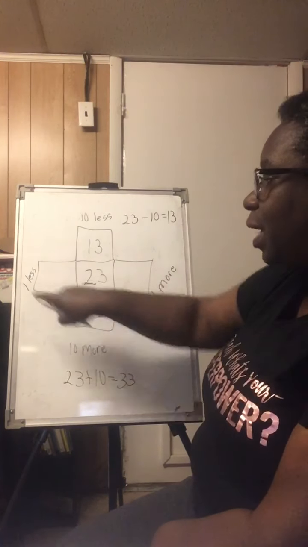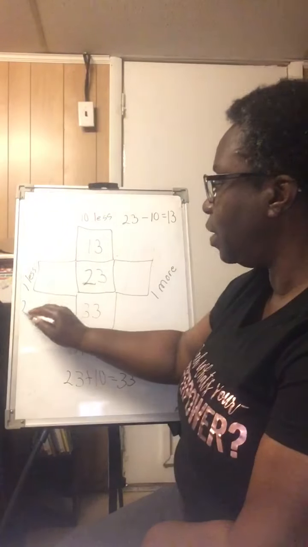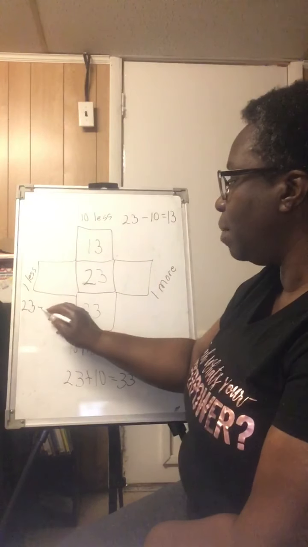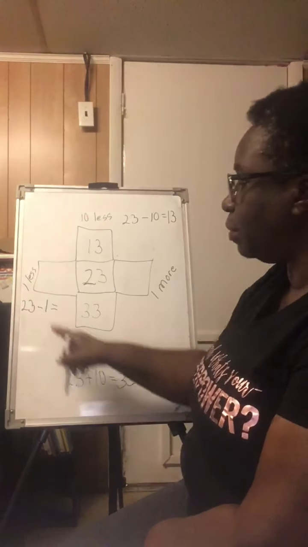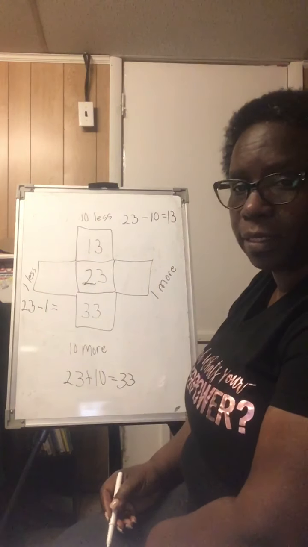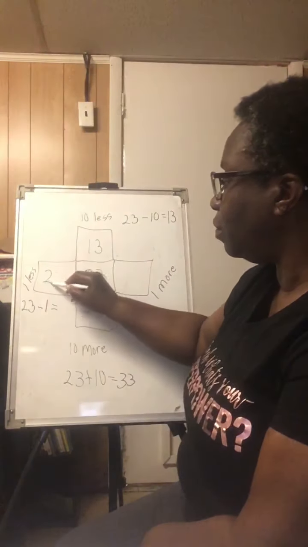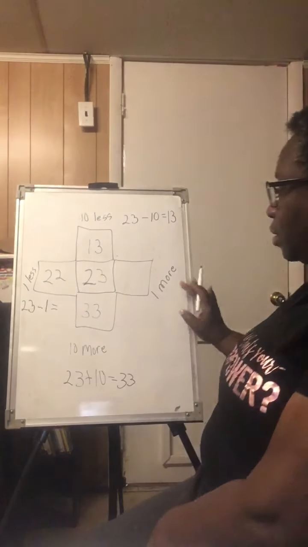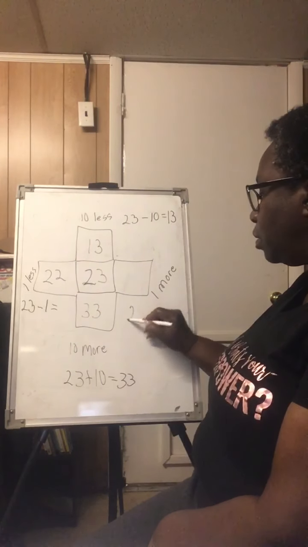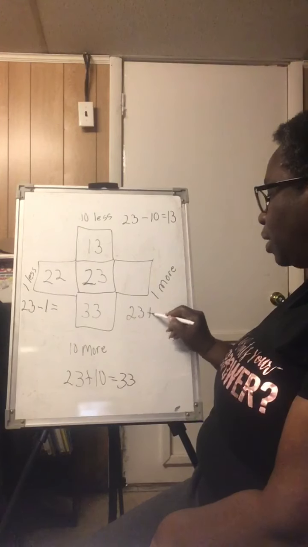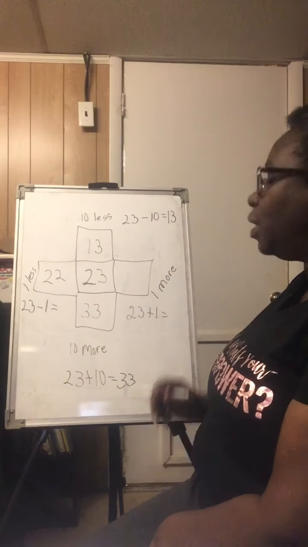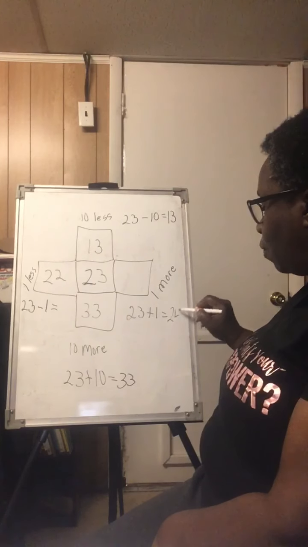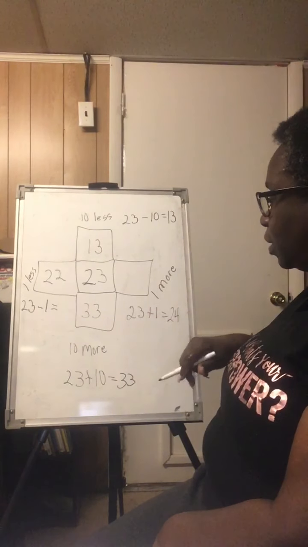So what's one less? That's 23 minus 1. I'm taking 1 away from my 1s. That'll give me 22. So what's 1 more? 23 plus 1 will give us 24, because we add 1 to the 1s.